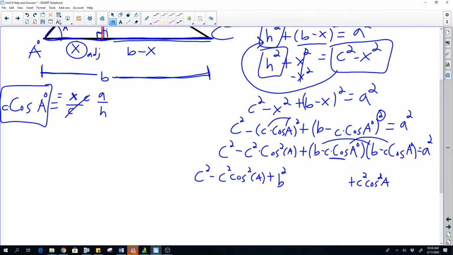So negative c cosine A times negative c cosine A, negative is positive, and then c times c is c squared, cosine times cosine is cosine squared. Cool. Equals a squared.